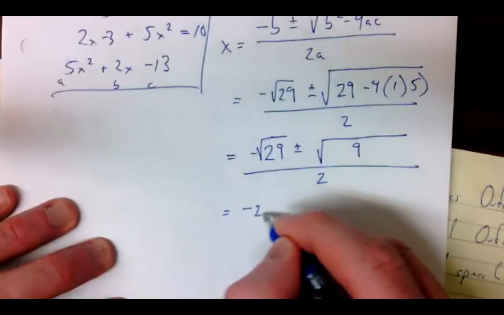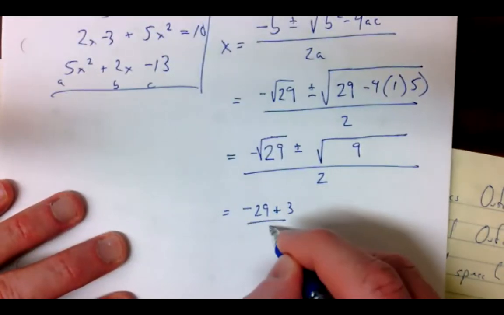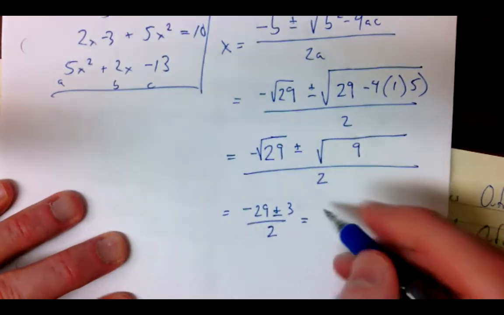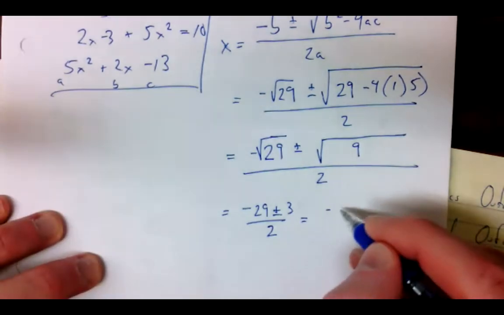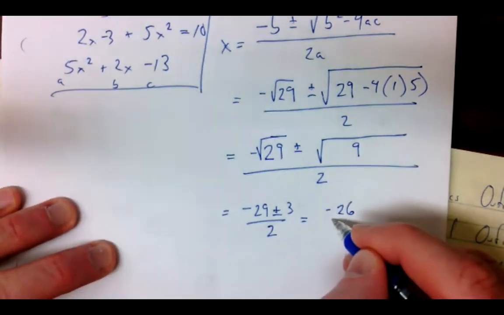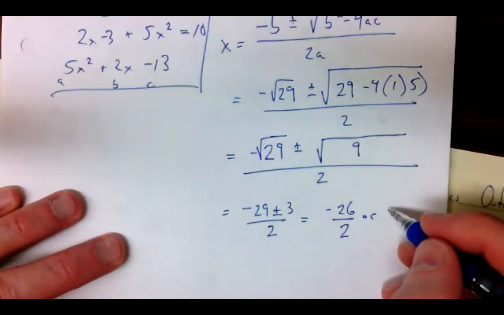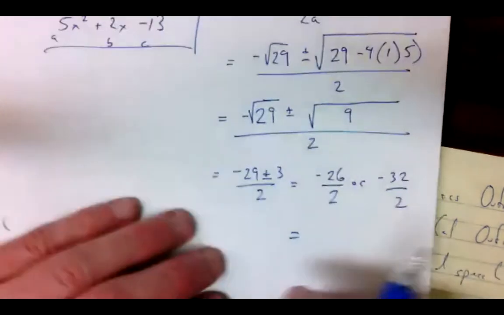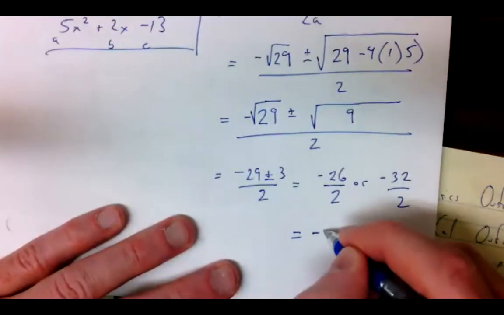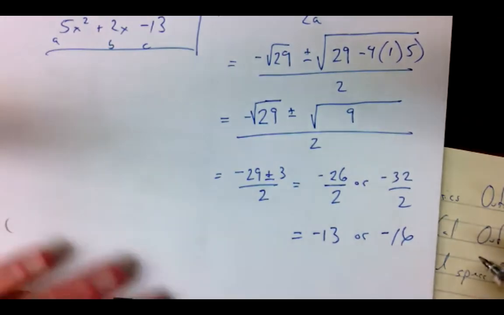So it's negative 29 plus or minus 3 over 2. So negative 29 plus 3 would be negative 26 over 2, or negative 32 over 2. We simplify these. 26 over 2 is 13, so it's negative 13 or negative 16.